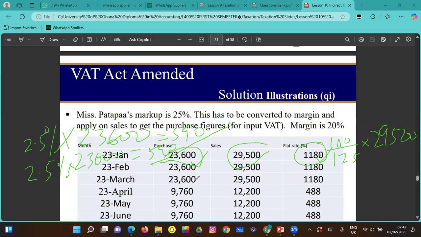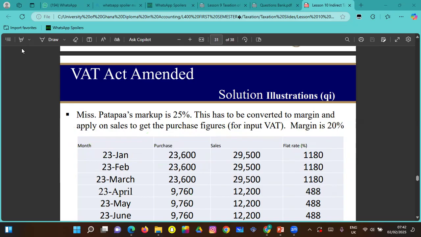That's the same way it was done for all the sales. So from April, which was 12,200, you are going to convert it to purchases and then also find the 2.5%, 2.5%, and then add them, and you are going to get this. So this applies to all of the other calculations.